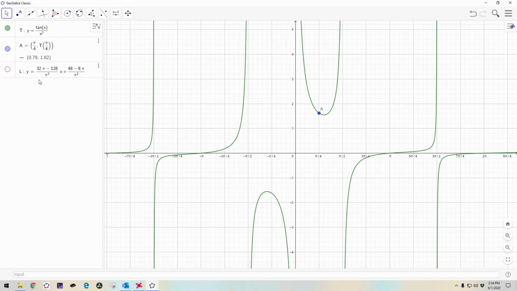And then we said that our tangent line was this interesting bunch of symbols: 32 pi minus 128 over pi cubed, all times x, plus 48 minus 8 pi over pi squared. So let's hit it. And there it is. You can see that this line is in fact tangent to the function t at that point when x is pi over 4.